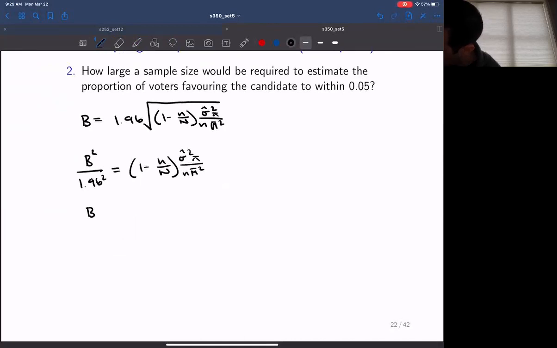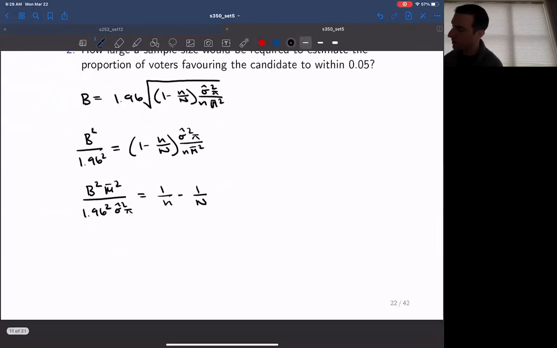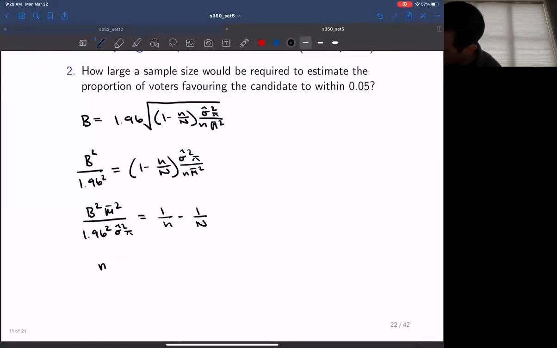So that's going to give you b squared m bar squared over 1.96 squared sigma hat squared pi is equal to 1 over n minus 1 over capital N. Yeah, okay. So then that's going to give us n is equal to b squared m bar squared over 1.96 squared sigma hat squared pi, plus 1 over capital N, inverse.